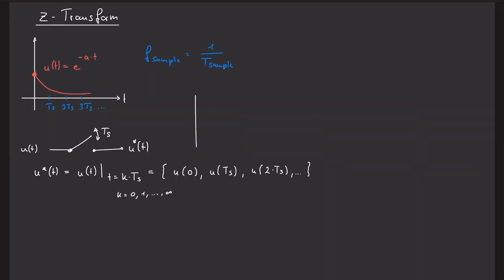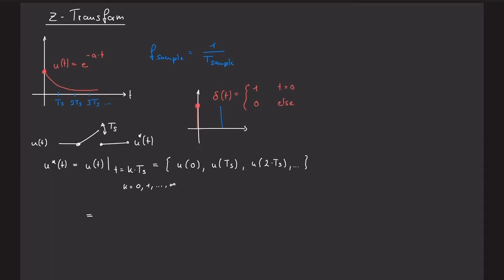However, we can also make use of the Dirac delta function, which is 1 if t equals 0 and 0 else. And we can also move it around by giving it an additional parameter so that it's 1 when t equals t0 and 0 else.